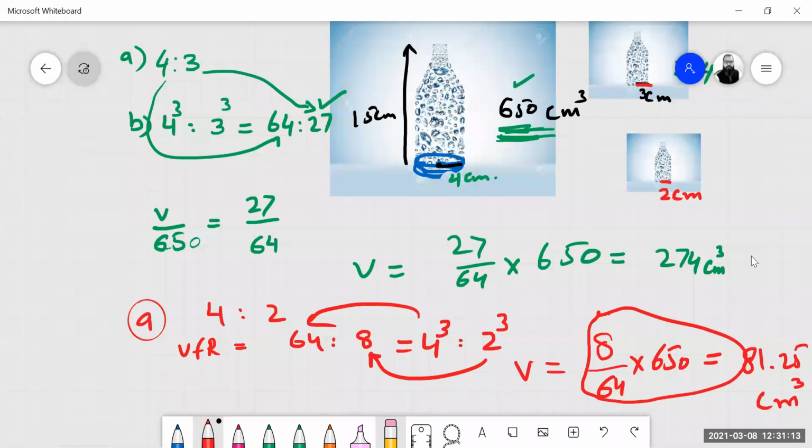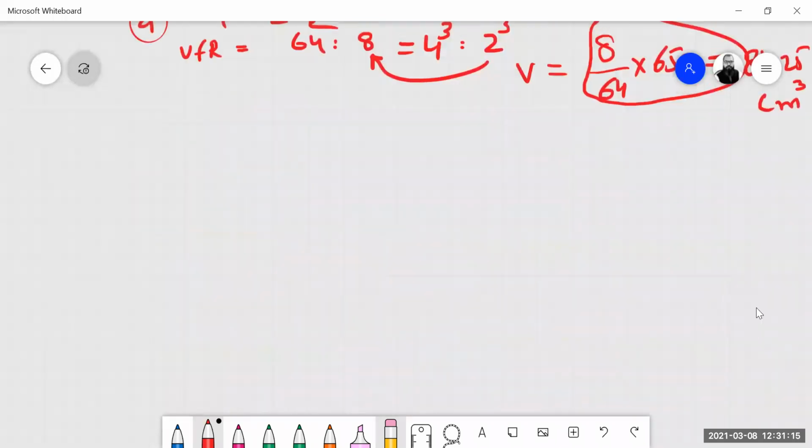Okay, now come to question number 1. The length ratio between the two similar solids is 2:5. This is the linear or length ratio. What is the area ratio between the solids?